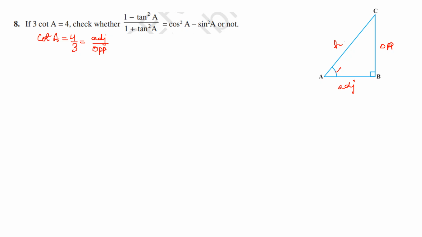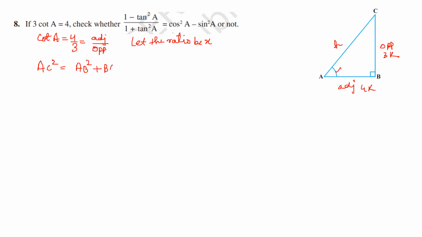Now, as cot A ratio is given as 4 by 3, let the ratio be k. So adjacent by opposite means this is 4k and opposite is 3k. Now let's find the value of AC square using Pythagoras theorem. You have to write by yourself.